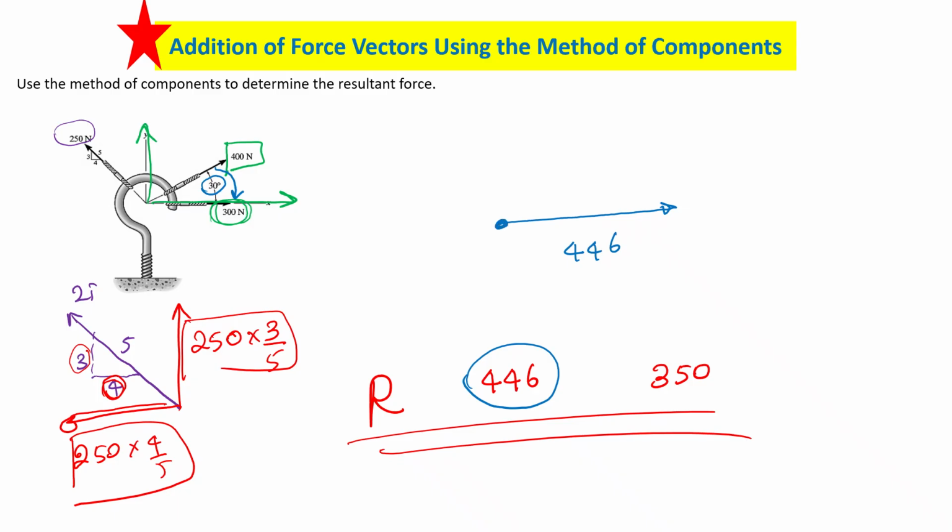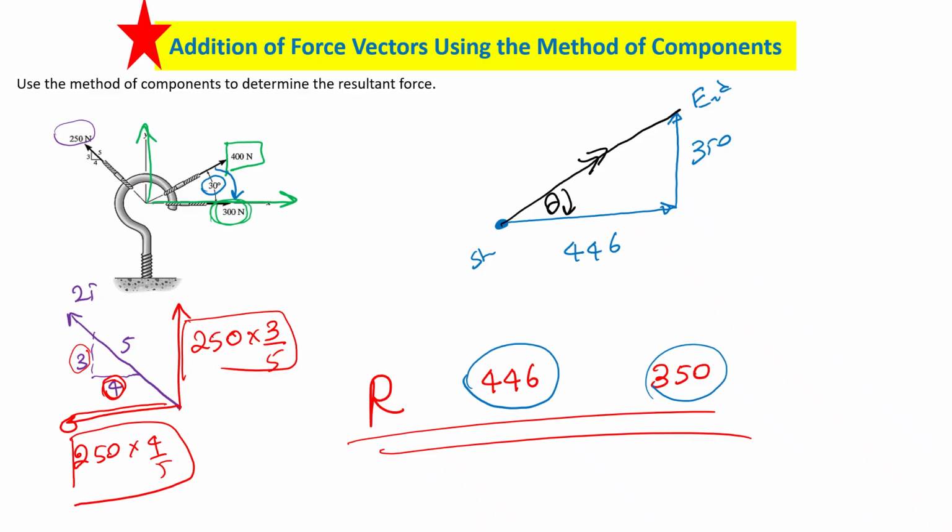So you start from here, you go 446 along the x direction, then you have 350 again positive, so you go up, am I right? So start to end will give you the resultant. Start to end, that will be this. The length of this line gives you the magnitude, and this angle gives you the direction of the resultant force.